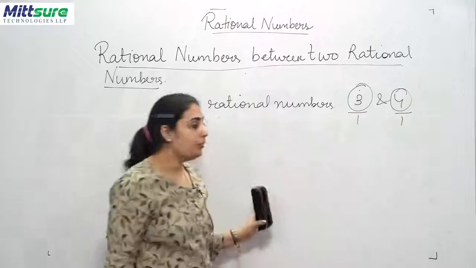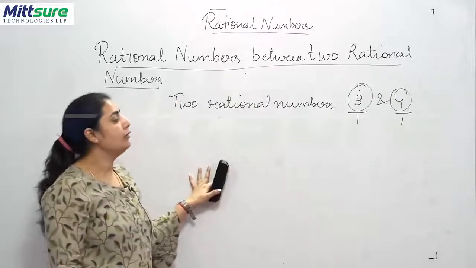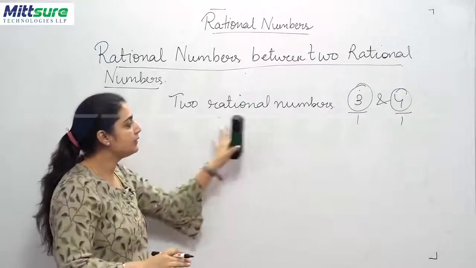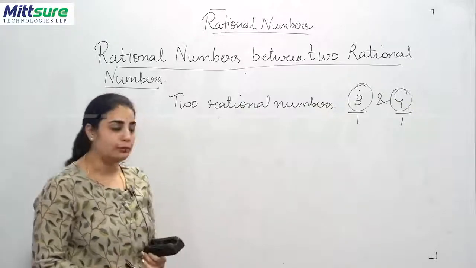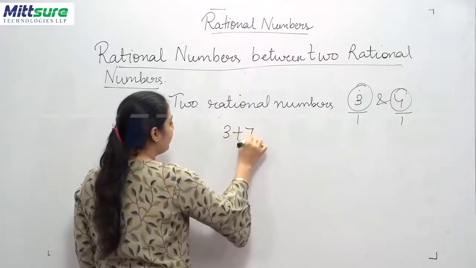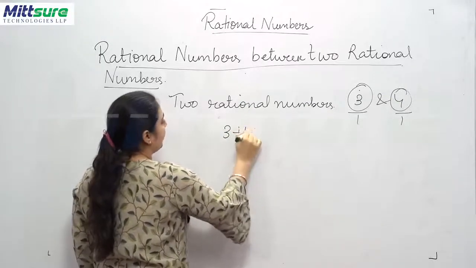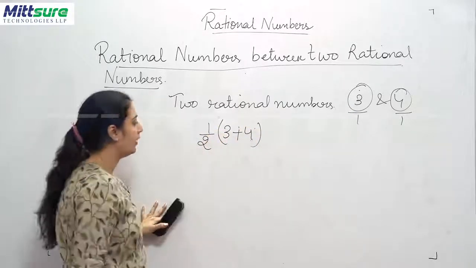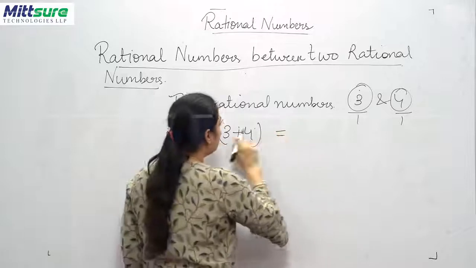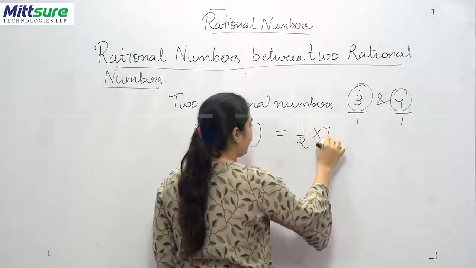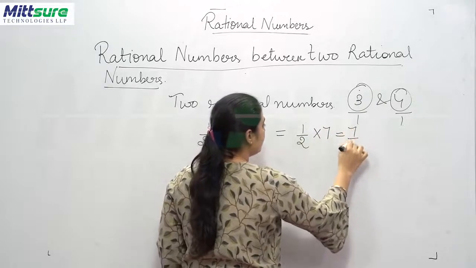Now to find out how many numbers are present between these two rational numbers, I will use the same method. 3 plus 4 multiplied by 1 upon 2.